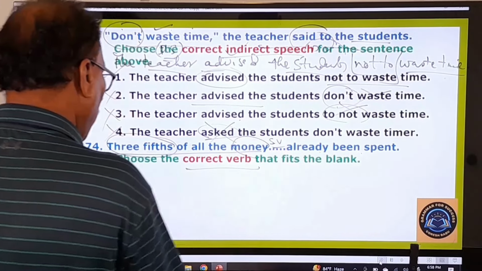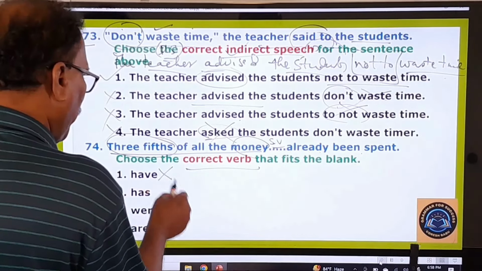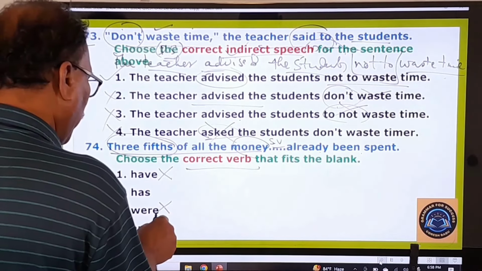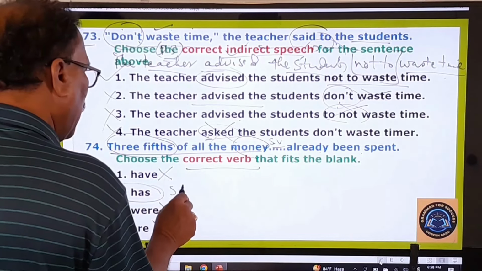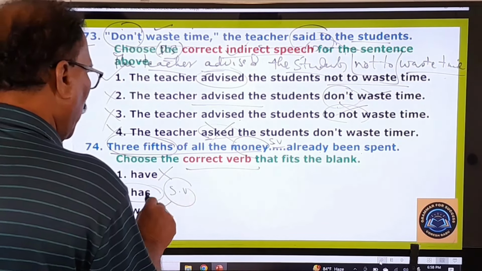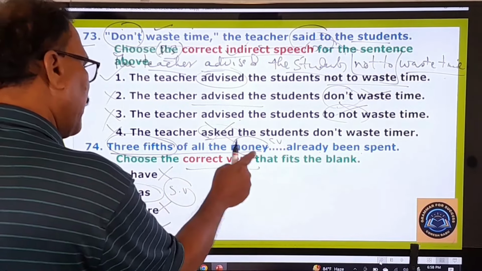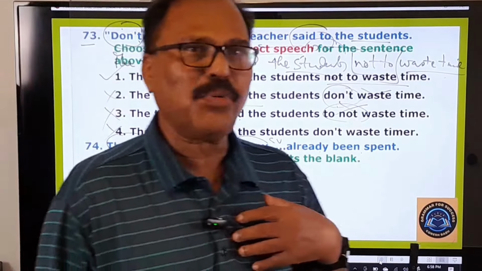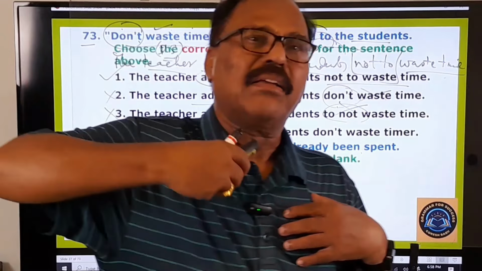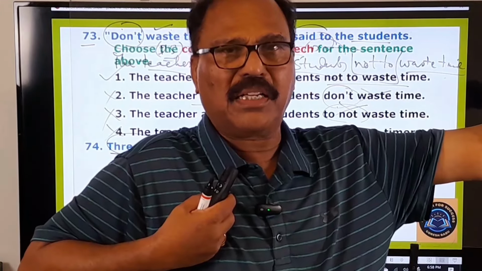So what are the options given here? Have is a plural helping verb, and were is a plural helping verb, and are is a plural verb. Only has is the singular helping verb, and therefore this only can be used, because 3/5 of all the money indicates only a singular number. There is a standard rule in the English language: beside the singular subject, only a singular verb must be used.